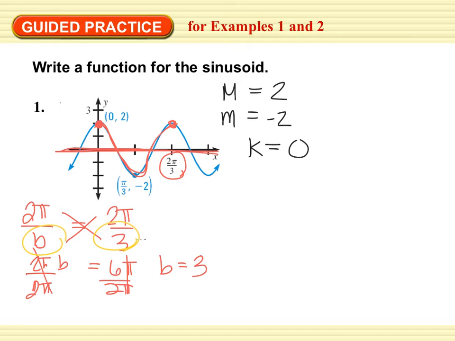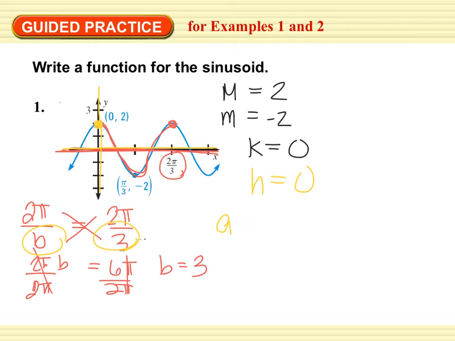Okay, so we have b, we have k. Because my function starts up here at the top, at the maximum on my y-axis, I know that I'm a cosine function with no horizontal shift. So h does in fact equal 0.